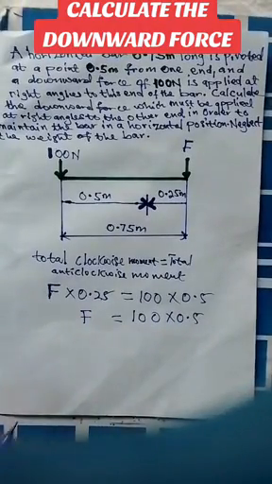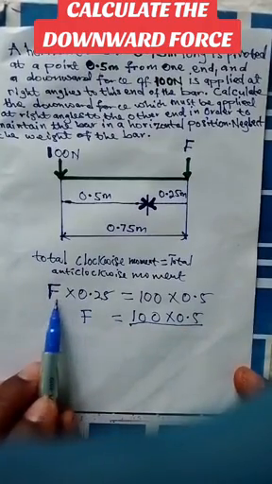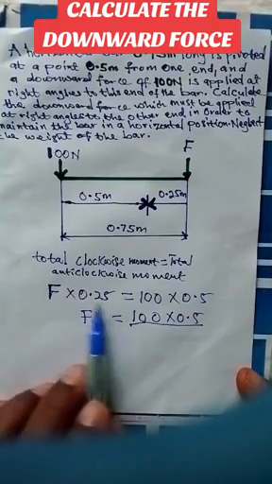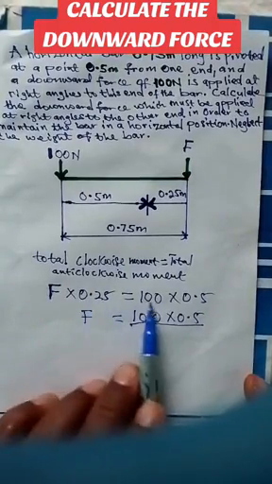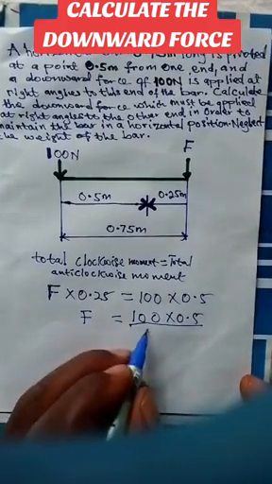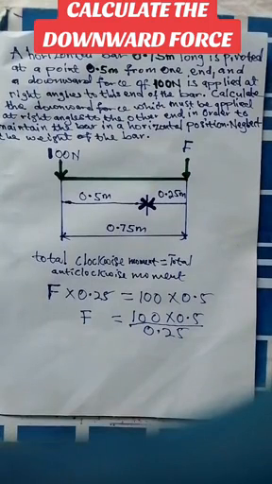over 0.25. Once this number is multiplied by the subject we are looking for, which is the downward force, when it crosses the equals sign, it has to come and divide all these numbers. So it is divided by 0.25. Now you multiply 100 by 0.5 and we have 50.